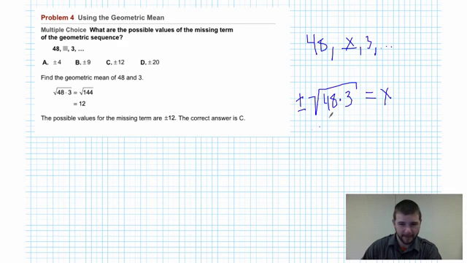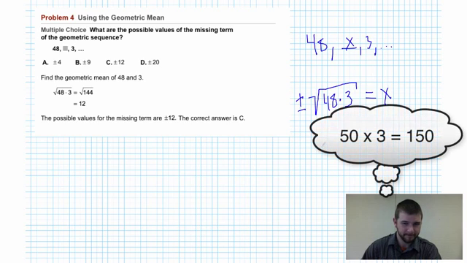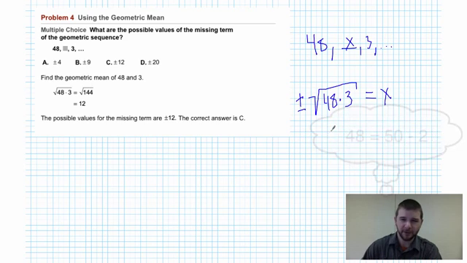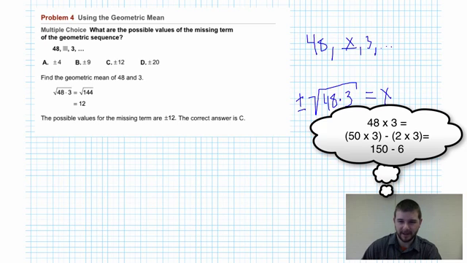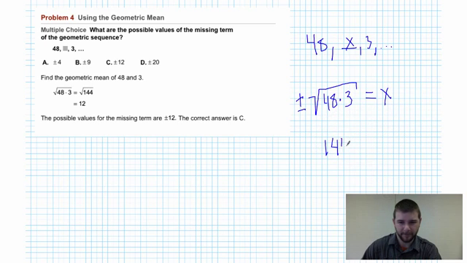So let's evaluate. 48 times 3. I know that 50 times 3 is 150. And I know that 48 is 2 less than 50. So I'll be subtracting 6 from 150 to get 144.